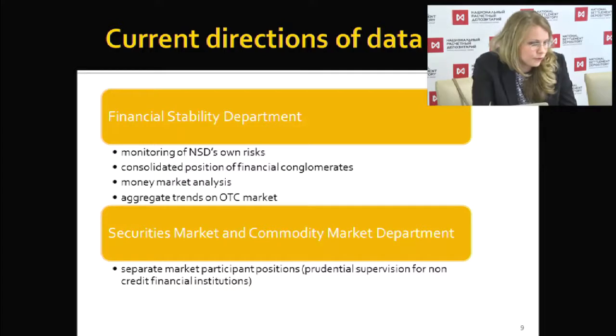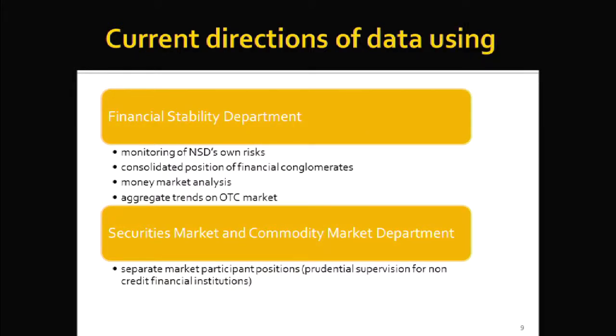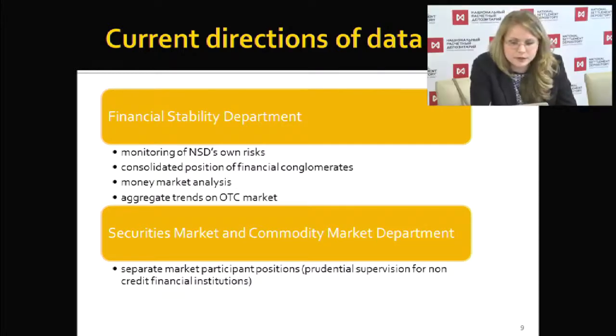So if we look at the Financial Stability Department functions directly, what will we do? It would be monitoring of NSD's own risks, repository risks, consolidated position of financial conglomerates, money market analysis.